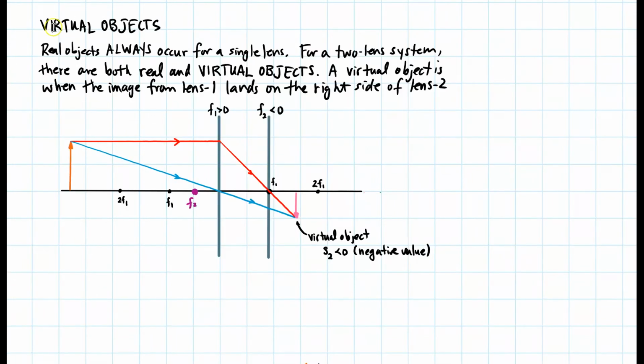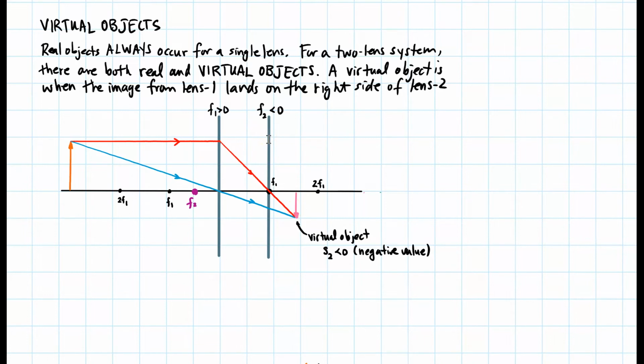Last thing we need to talk about is virtual objects. Real objects always occur for a single lens. For a 2 lens system, however, there are both real and virtual objects. A virtual object is when an image from lens 1 lands on the other side of lens 2. So when I look at this object and I look at lens 1, it produces an image on the right side of lens 2 here.